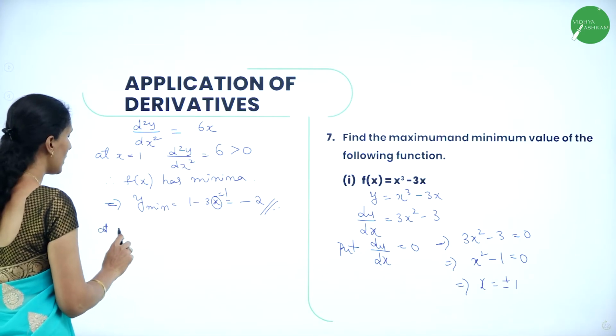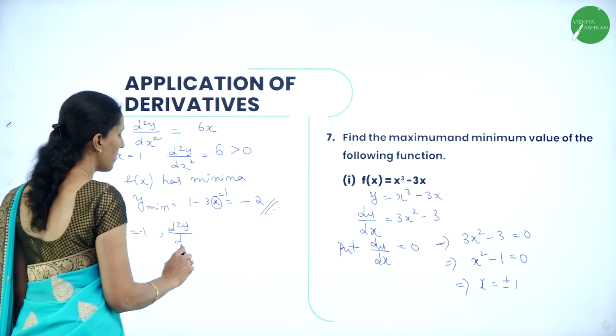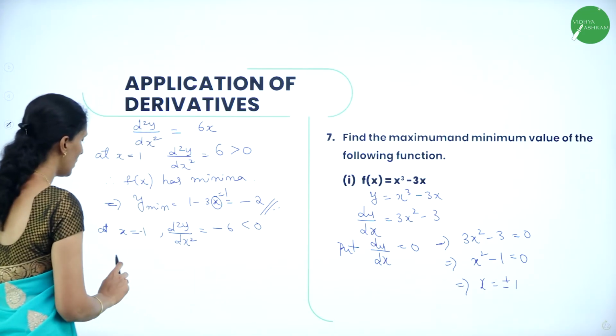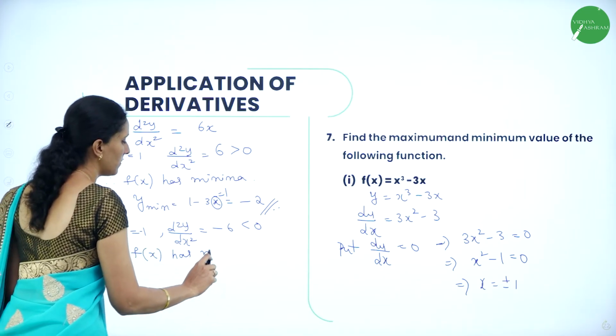Now at x is equal to minus 1, d square y by dx square is equal to minus 6, which is less than 0. This implies f of x has maxima.